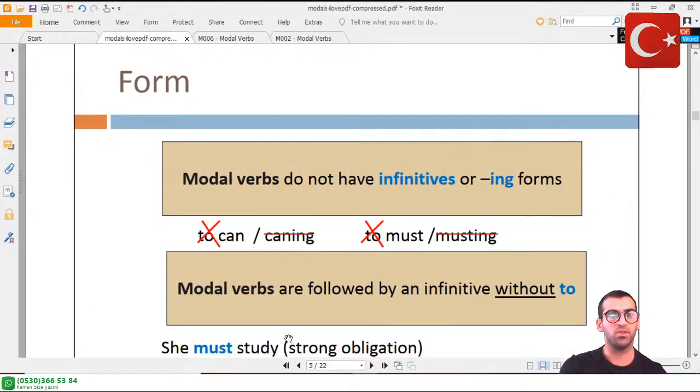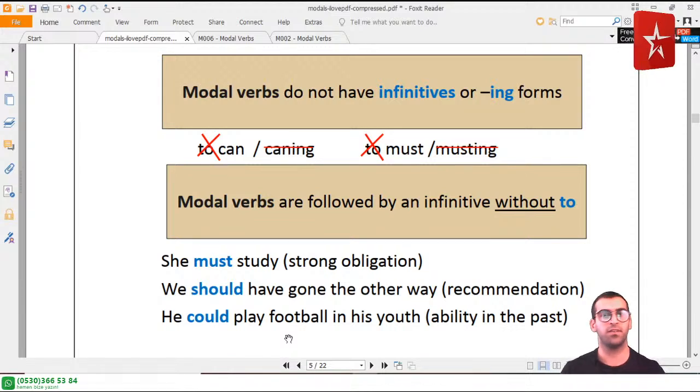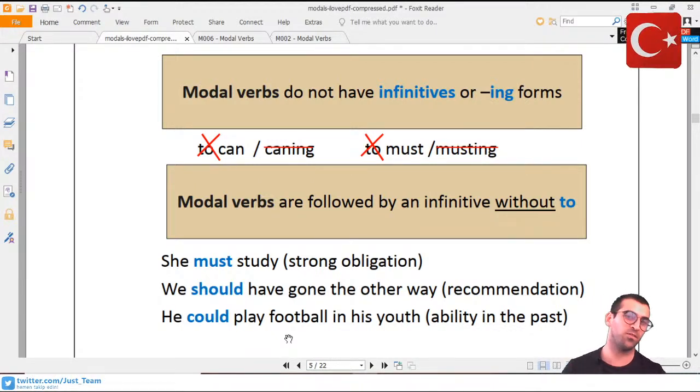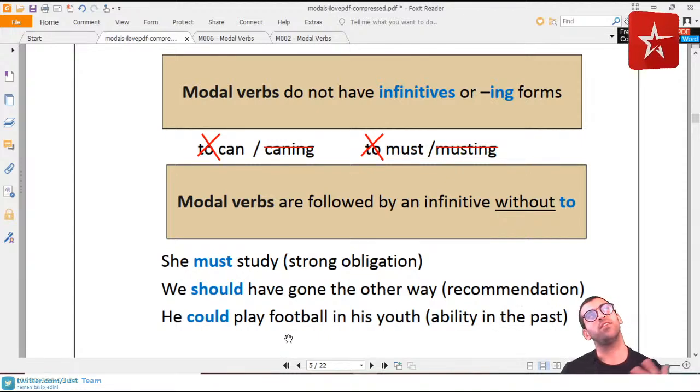Okay, and modal verbs don't have infinitives or ing forms. For example, most of my students from pre-intermediate or intermediate levels unfortunately make mistakes they shouldn't, because they are not allowed this kind of grammatical mistake. When it comes to the usage of modal verbs, they say "I canning," or "I to can," or "to must," or "must to," or "musting."